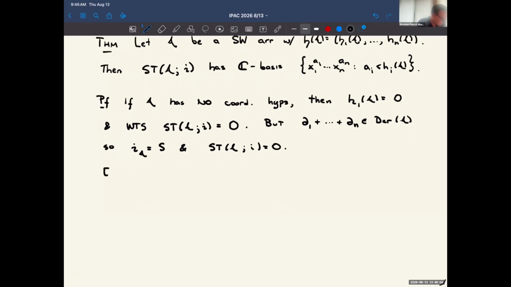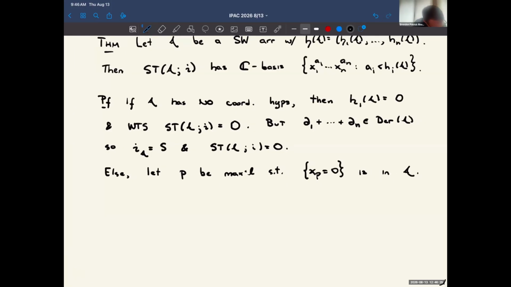So else, let P be maximal so that XP equals 0, this hyperplane, is in A. This is that critical hyperplane, that red dot. I'll call this fellow, maybe H naught.